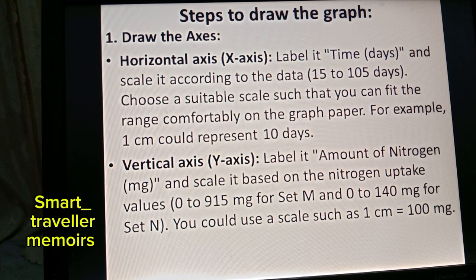Choose a suitable scale such that you can fit the range comfortably on the graph paper. For example, 1 centimeter could represent 10 days. Vertical axis, label it amount of nitrogen and scale it based on the nitrogen uptake values, 0 to 915 milligrams for set M and 0 to 140 milligrams for set N. You could use a scale such as 1 centimeter equals 100.